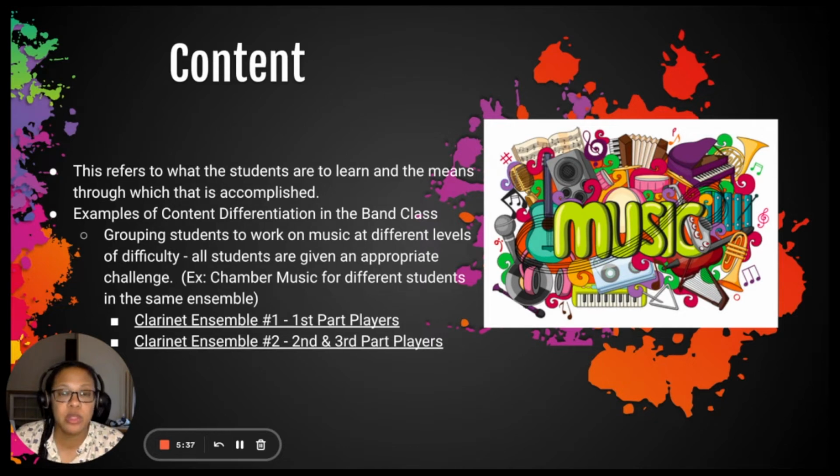I think it was with a choral group that the example was posed, but it also works for wind groups and orchestras and everyone. So chamber music is a great way to group students in the same level so that they can push each other and be in the same group and navigate content that is appropriate to them.